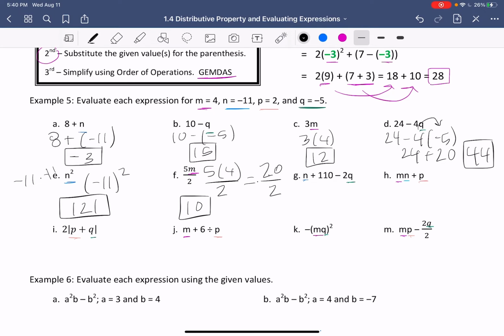All right, we have n, which we're going to replace with negative 11, plus 110 minus 2 times q, which is negative 5. So the first thing we need to do is multiply that negative 2 times negative 5.